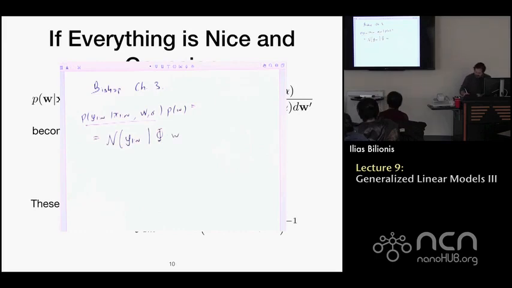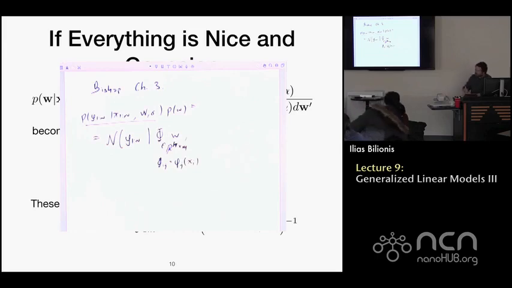I remind you, this design matrix has n rows, where n is the number of observations, and m columns, and the ij element of this matrix is your jth basis function evaluated at your ith observation.